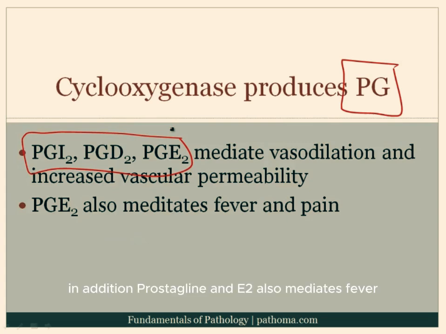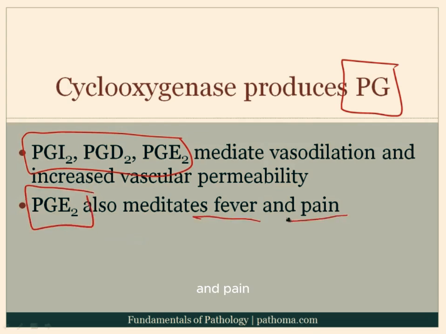In addition, prostaglandin E2 also mediates fever and pain, and the way I remember that is fever is mediated by E2. So anyway, whatever helps you to remember it, but you do need to know that prostaglandin E2 mediates fever, and it also mediates pain.